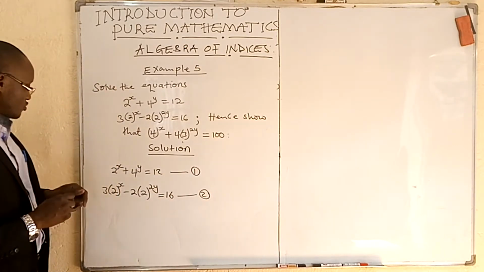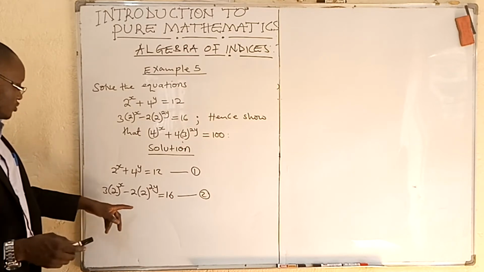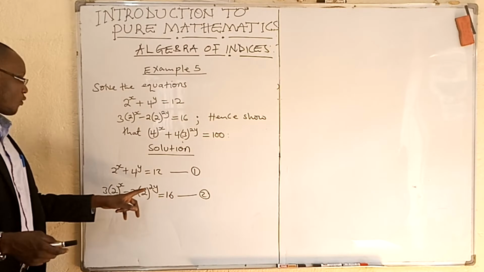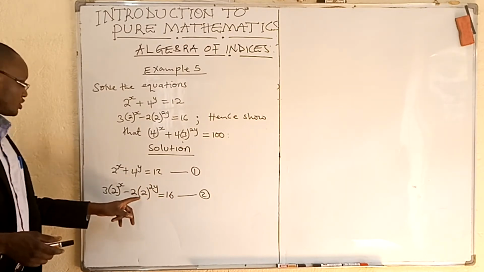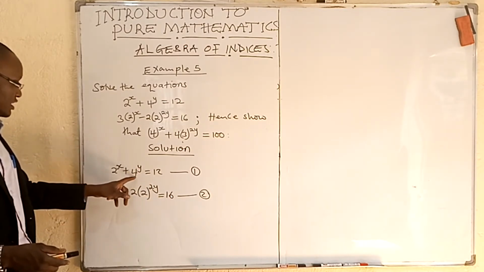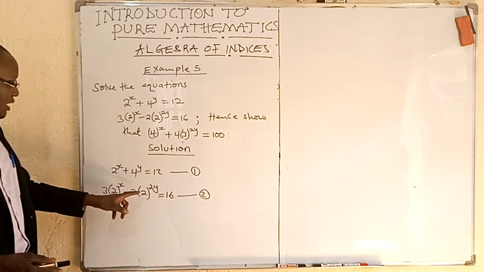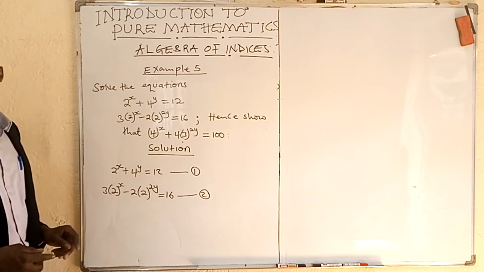Now, assuming I'm going to eliminate the component of y, I have to first make changes in equation 1, such that it becomes a 2^(2y).